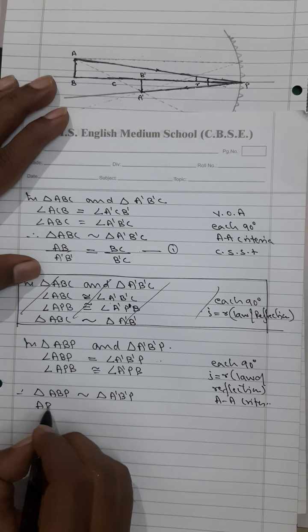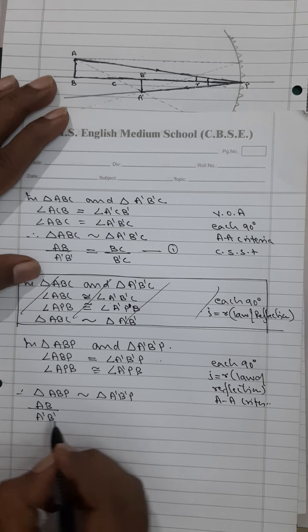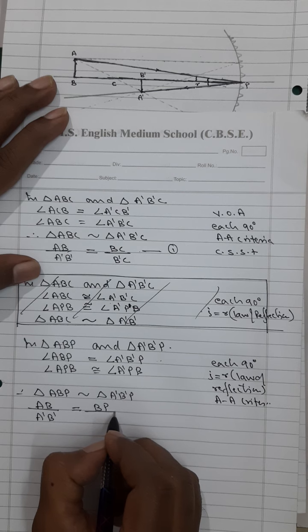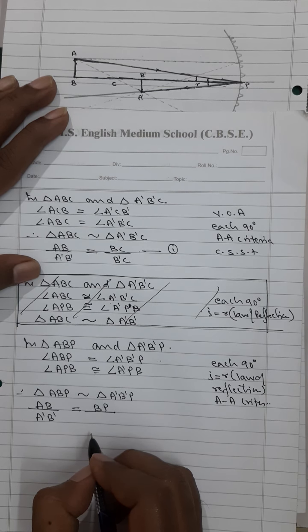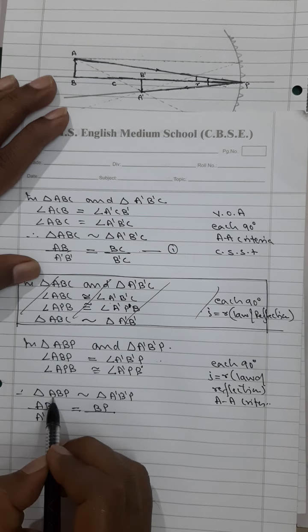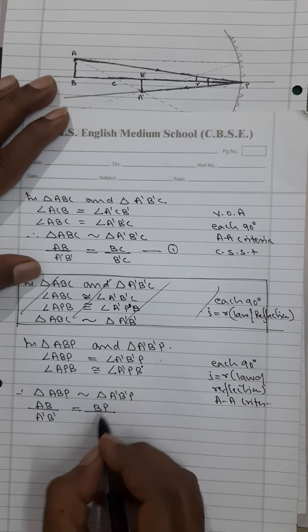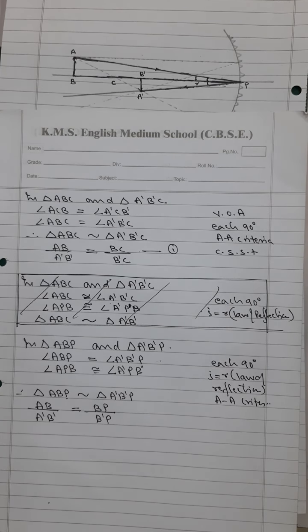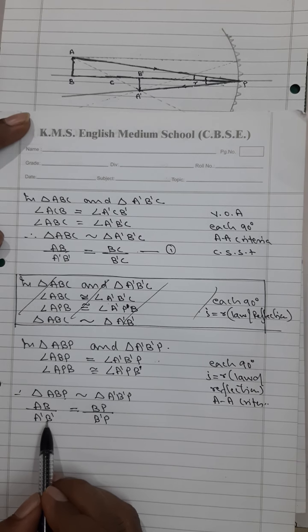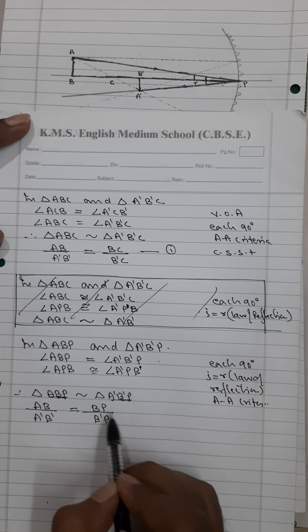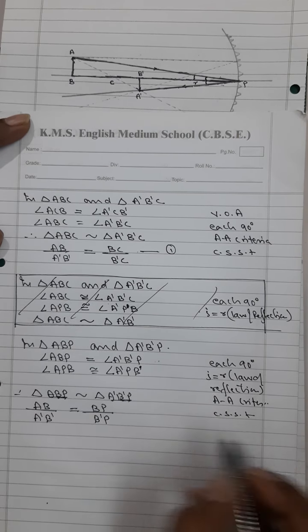Again you will get AB upon A dash B dash is equal to BP upon B dash P, corresponding sides of similar triangles.